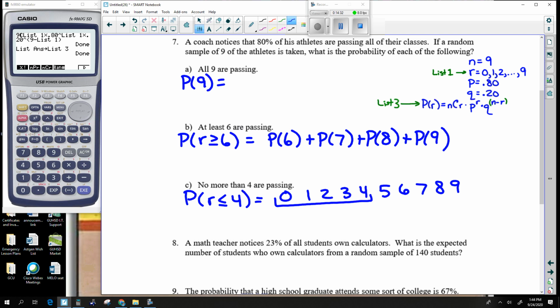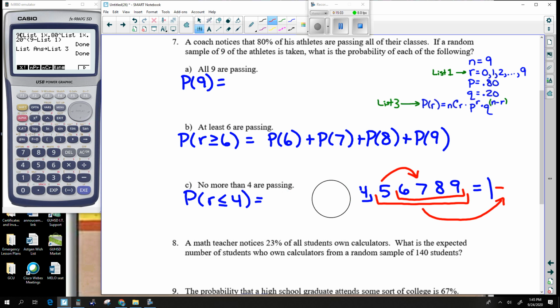Now again, if I add up all these probabilities, it'll be equal to 1, 100%. In the previous problem, what I just did is I added up 6 to 9. What I'm going to do is take this off from 1. So I need to put the probability of 5 onto that, and then take that off.